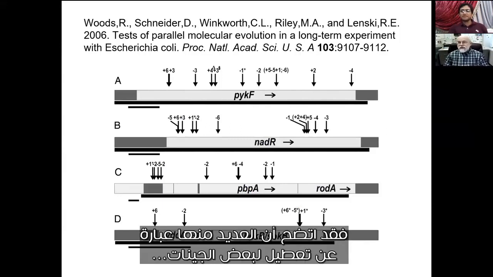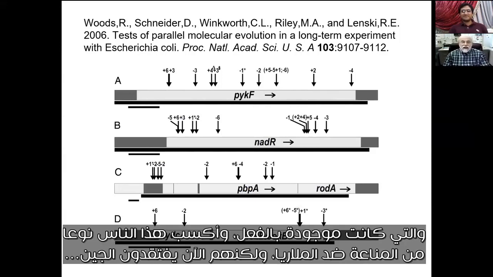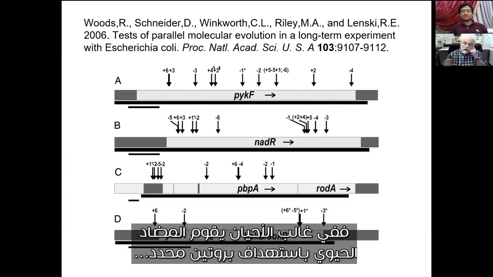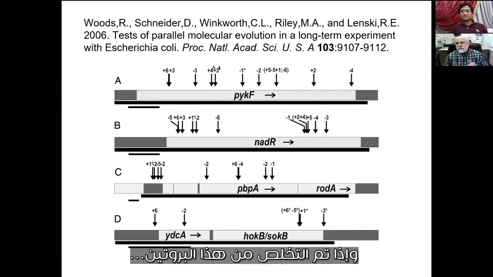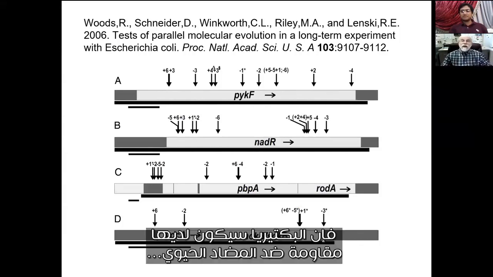Turns out that many of them break genes that were already there and gives people some resistance to malaria, but now they're missing the gene. Same thing with antibiotics. Oftentimes an antibiotic targets a certain protein, and if you get rid of the protein, then the bug will be resistant to the antibiotic.